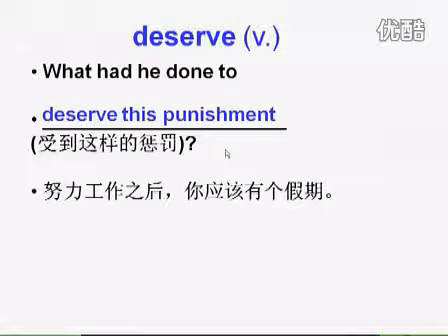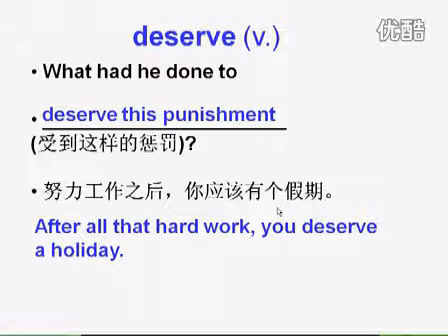The next one, a sentence. 努力工作之后，你就应该有一个假期，你值得得到这个假期。So how to say? Yeah. After all that hard work, after working so hard, you deserve a holiday. You deserve a holiday. Or you can say you deserve to have a holiday.